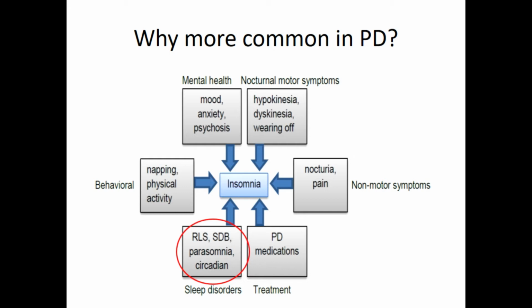A lot of other parasomnias are very frequent. There's something called REM sleep behavior disorder, which is acting out your dreams, and this can be very violent behaviors. People can even fall out of bed, and I'm going to show you some videos about this. And of course, there's the circadian aspect of sleep that can be impaired in patients with Parkinson's.